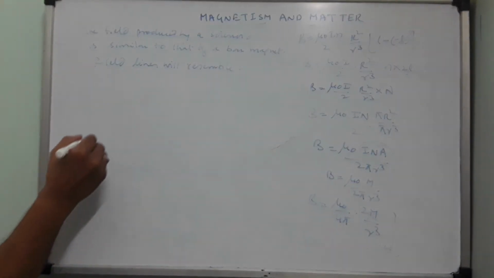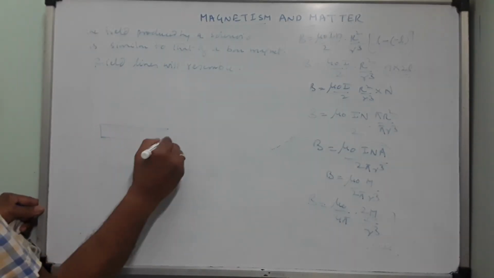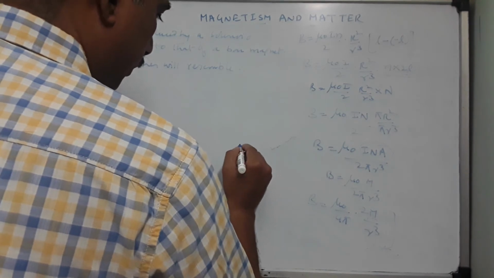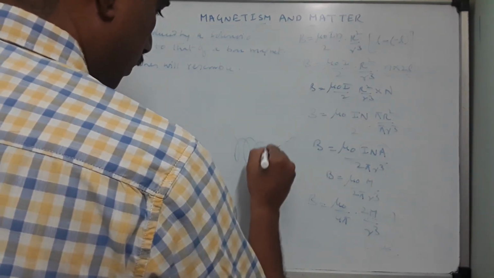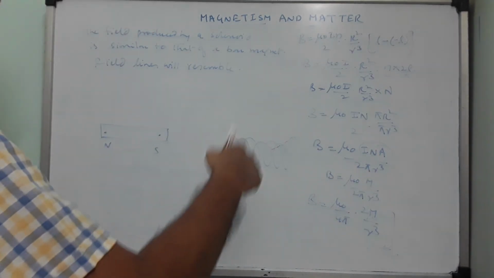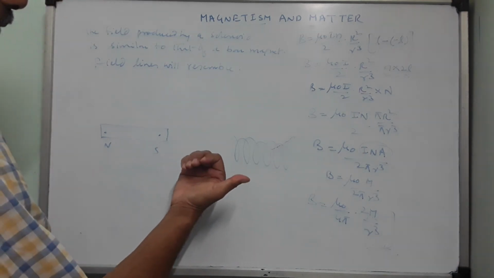So if you have a bar magnet here, this is the north pole, and this is the south pole. If you have a solenoid here like this, if current is going, use the right hand thumb rule, the magnetic field should come like this.